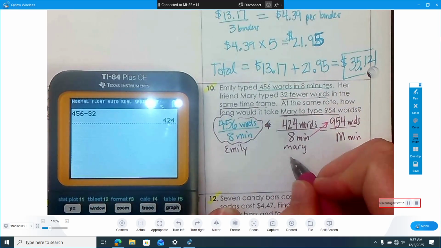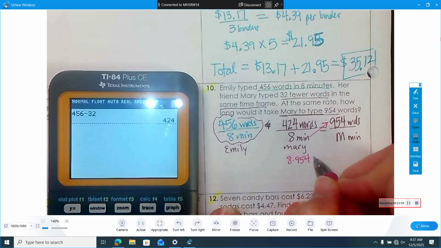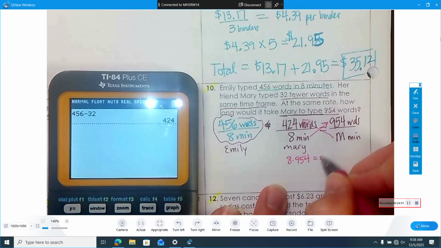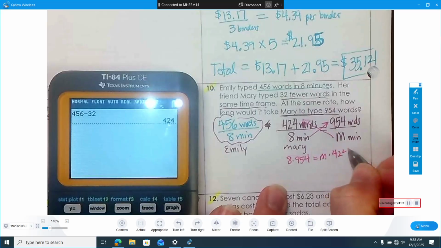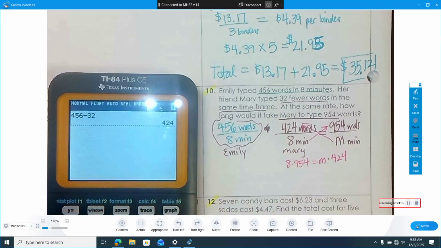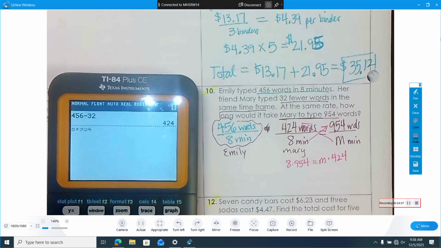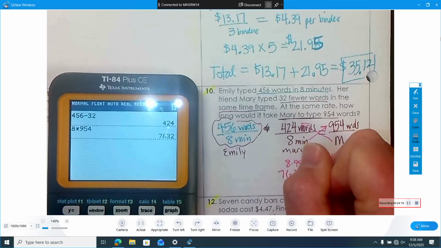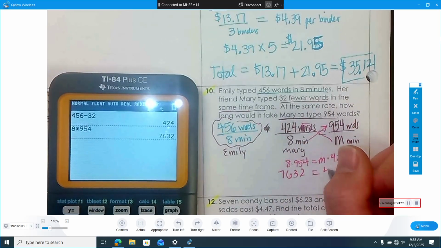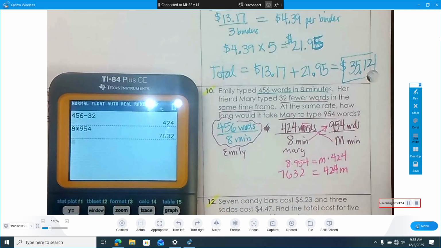So we have 8 times 954 is equal to M times 424. Let's see, 8 times 954 is 7632. 424 M. How do we get M by itself?